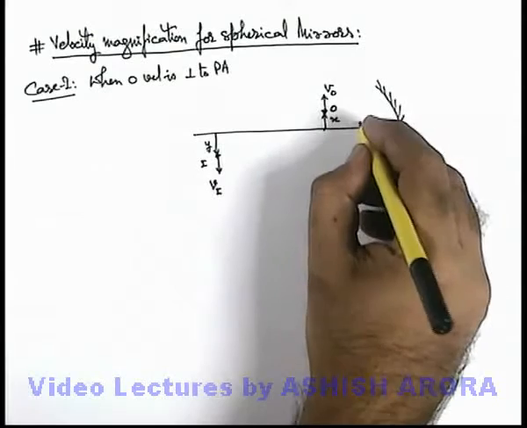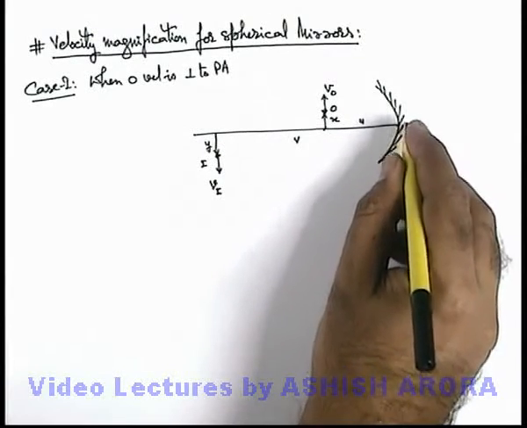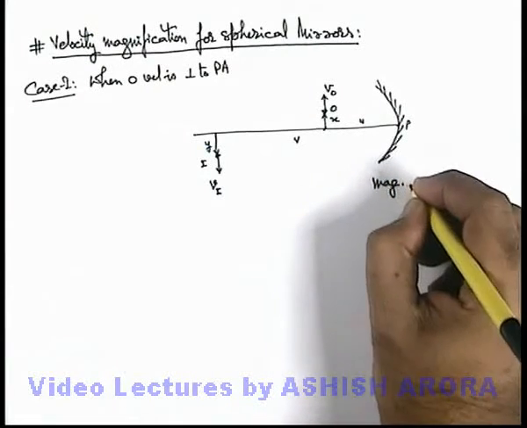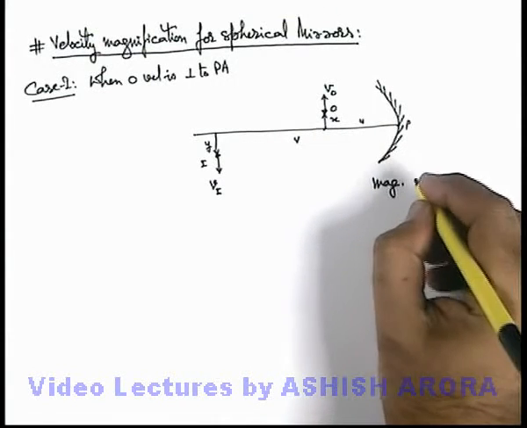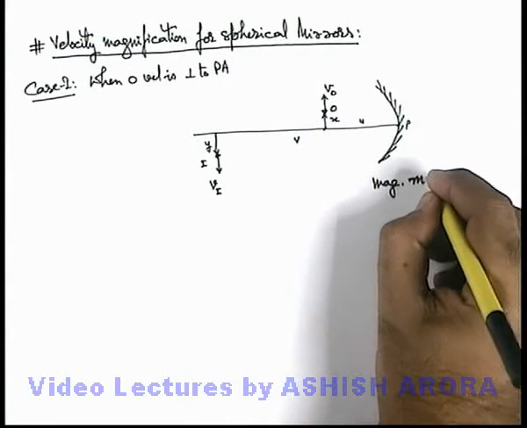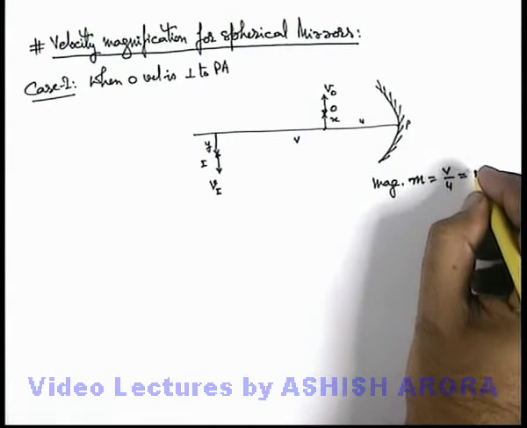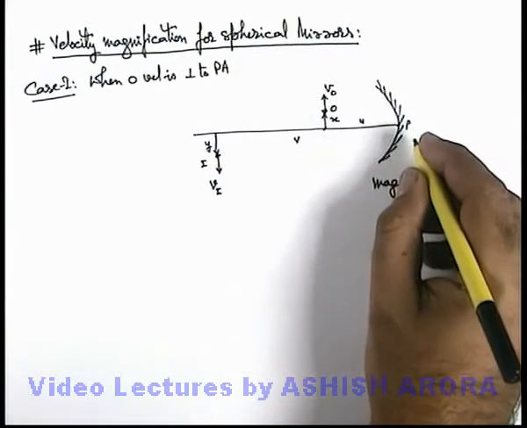So object is located at a distance u and image is located at a distance v from the pole of mirror. Here we know that magnification of image with respect to object, which is written as m, is given as v by u. And obviously this is equal to y by x, which is the ratio of height of image and that of object from principal axis.